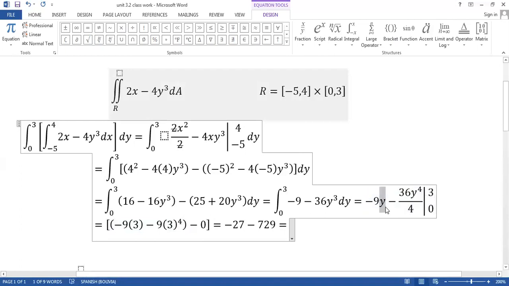So -9 times 0, and 36 times 0 raised to the 4th power, divided by 4. All of that gives you 0. Yeah, I wasn't paying attention during that time. You see why you should pay attention, Delana? I was distracted. All right, and that's the answer.